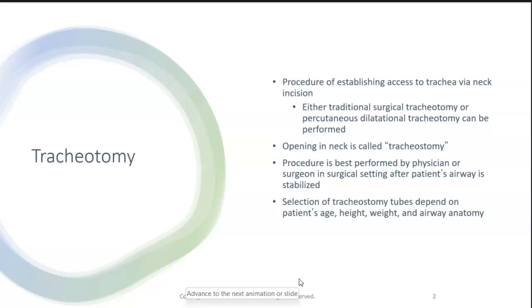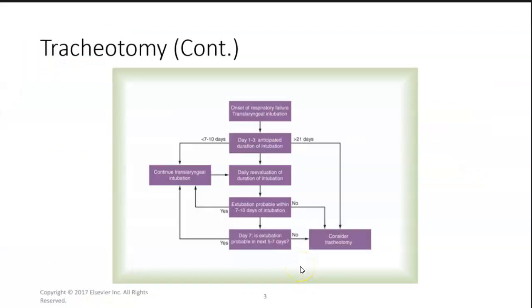Tracheostomy tubes, I've shown you in lab before, come in many different sizes and shapes. So the tube that you're going to select is going to depend on the patient's age, height, weight, and their airway anatomy.